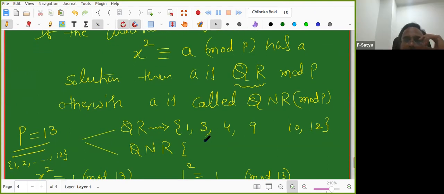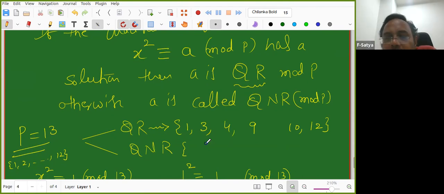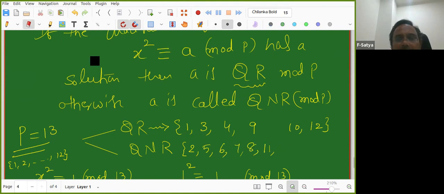Why six actually? Ask this question to yourself. Now what are the remaining? 2, 5, 6, 7, 8, 11. Yes, these are quadratic non-residues modulo 13.